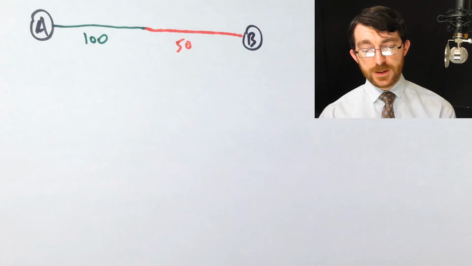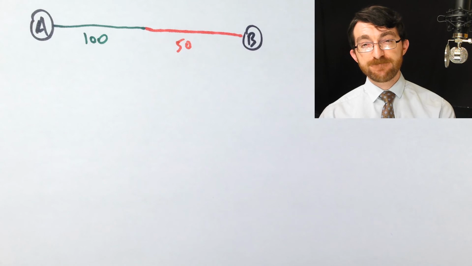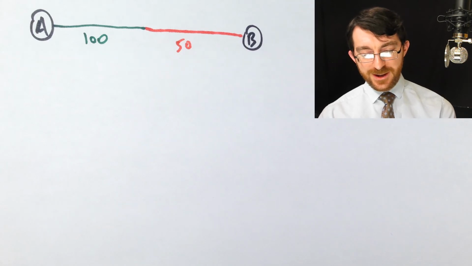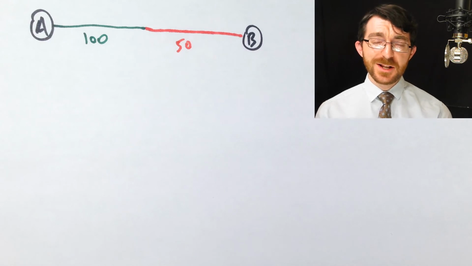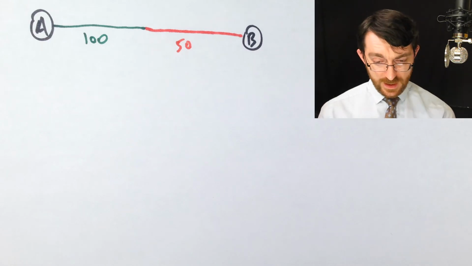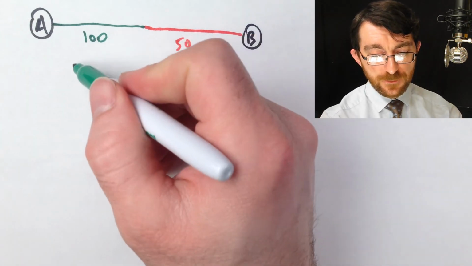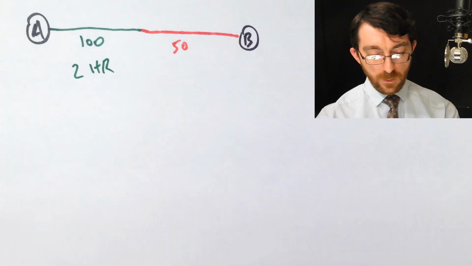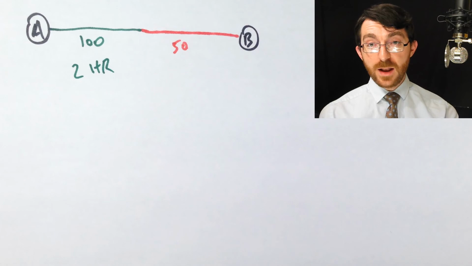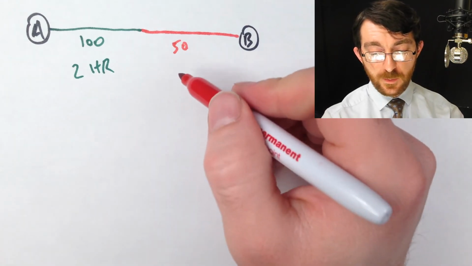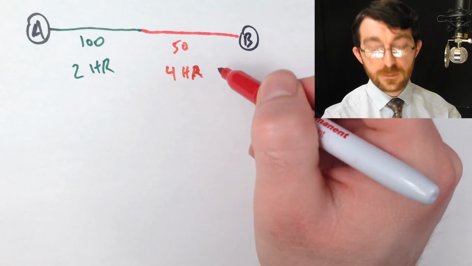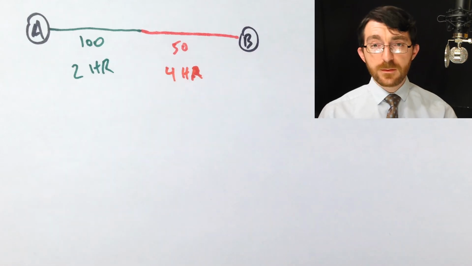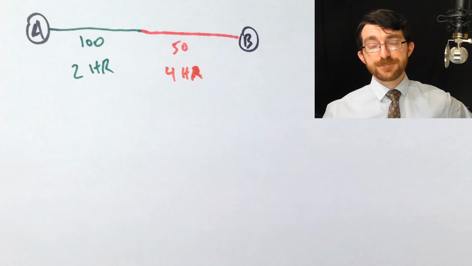Okay, so in this scenario, if you've got 200 cars that need to go across that, it's going to take 2 hours, and then it's going to take 4 hours. It's going to take 6 hours, and there's just no getting around it.